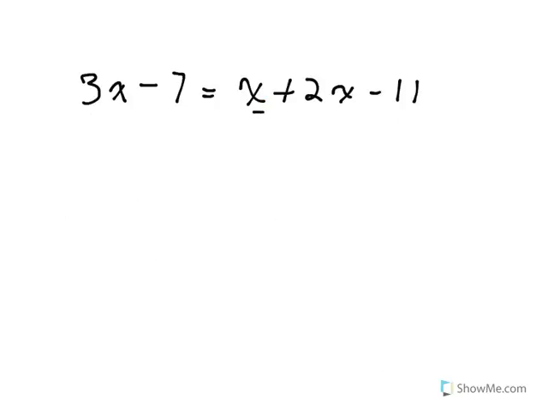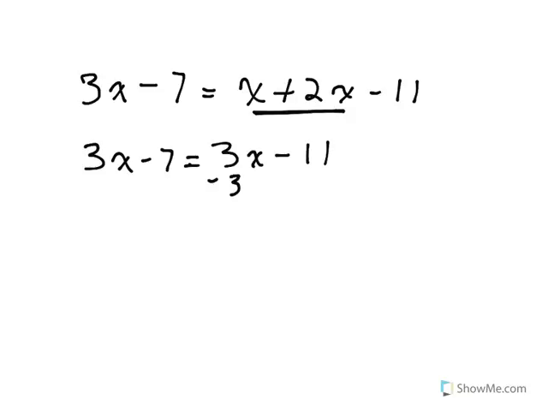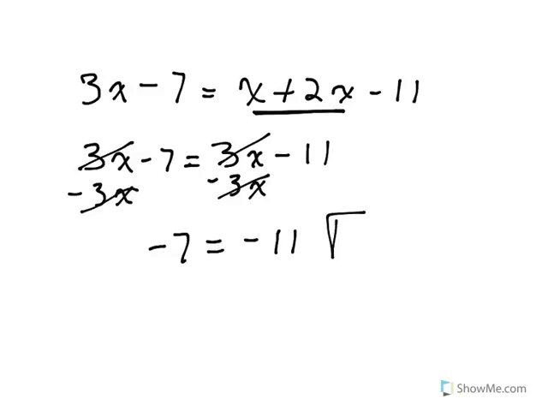Another example, combine our like terms first, gives us 3x minus 7 equals 3x minus 11. And in this case, when we subtract 3x from both sides of the equal sign, once again, our variable terms completely cancel out, but we're left with negative 7 equals negative 11, and that is a false statement.